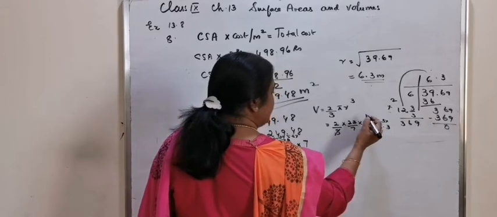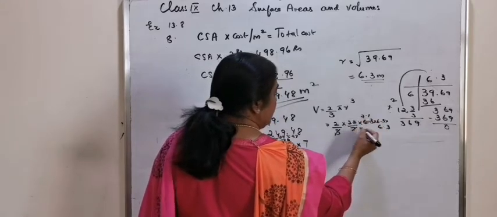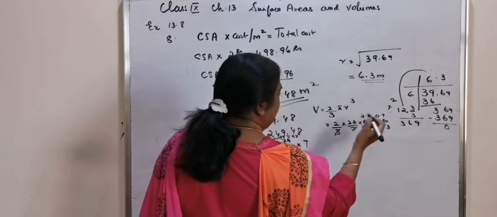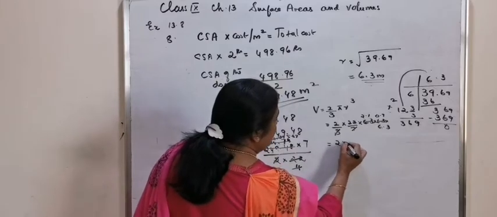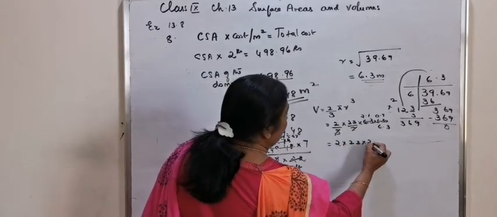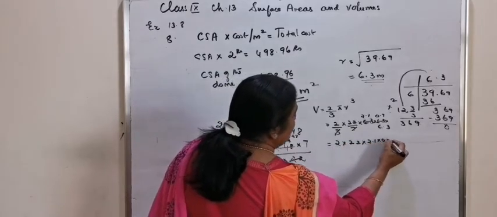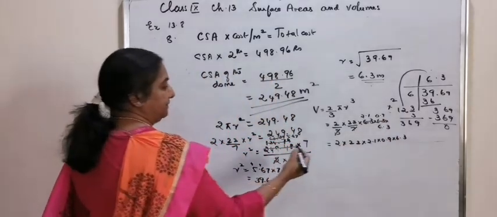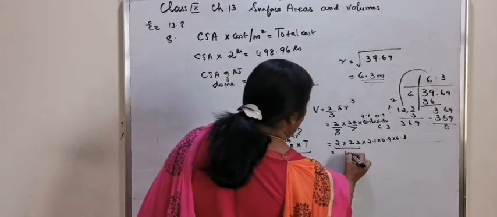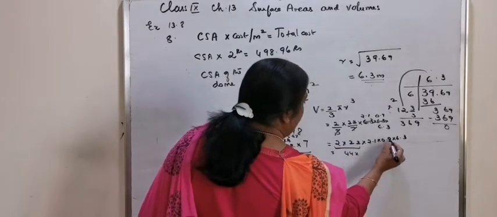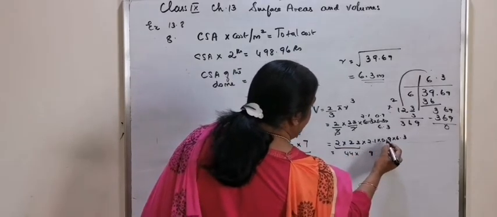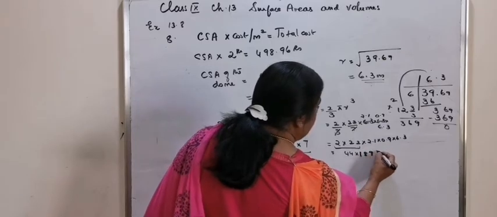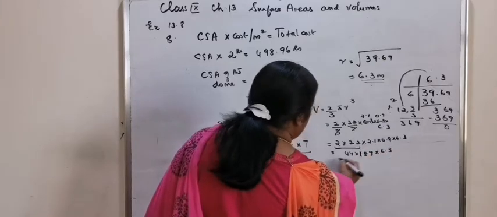This 3 and 6.3 is 2.1. 7, it is 0.9. So 2 into 22 into 2.1 into 0.9 into 6.3, which is equal to 44 into 18.9 into 6.3.